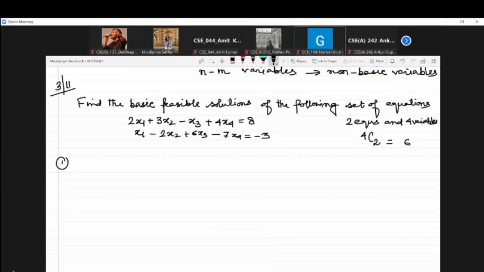Okay. So firstly, if I assign x1 and x2 to be equal to 0, that is x1 and x2 are non-basic, then can you tell me what is the condition behind x3 and x4 to be basic variables? When can I say that x3 and x4 would be the basic variables?